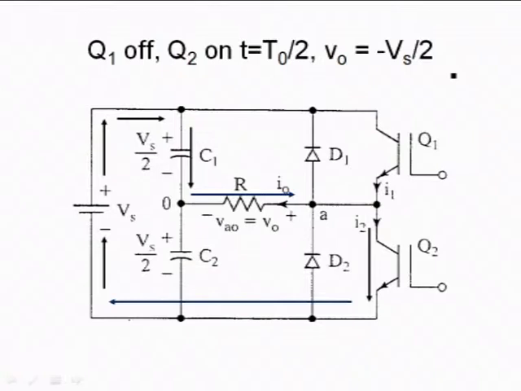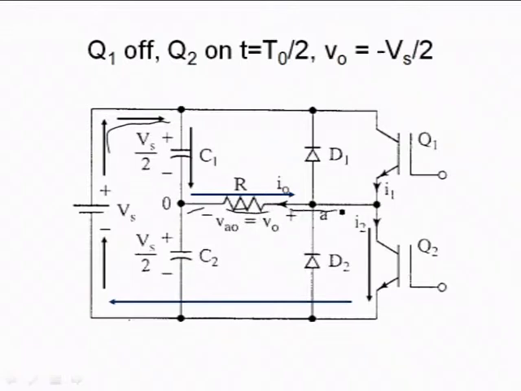Let us see the next duration, again of T naught by 2, that is T equal to T naught by 2 to T. Here Q1 is off and Q2 is on for another time T naught by 2. See the direction of current flow. From here again we have the capacitors, plus to minus, and the direction now gets reversed.